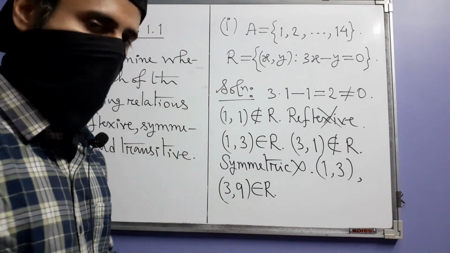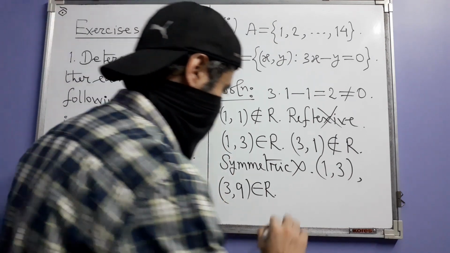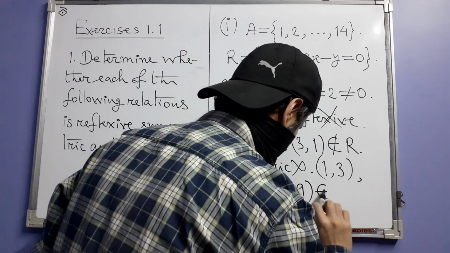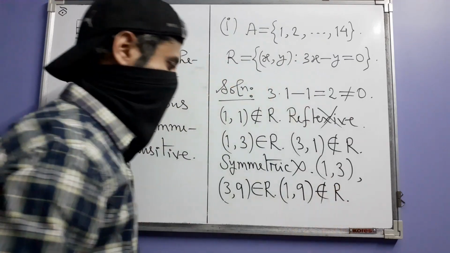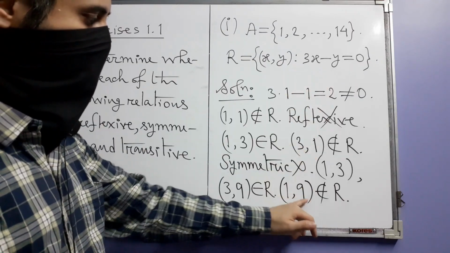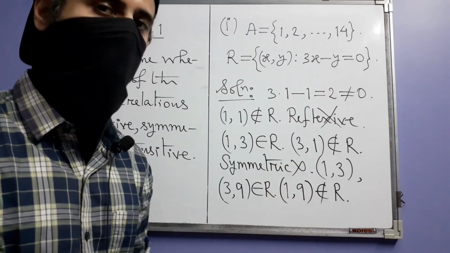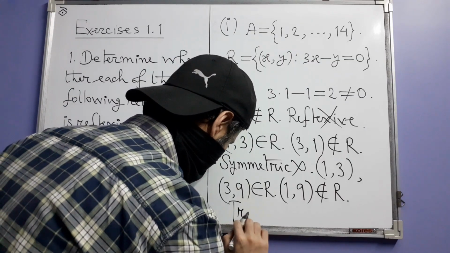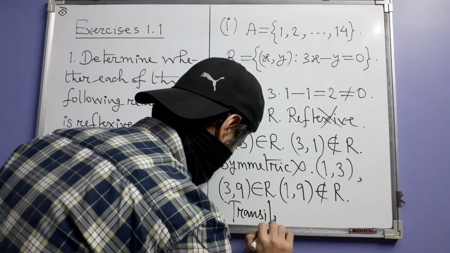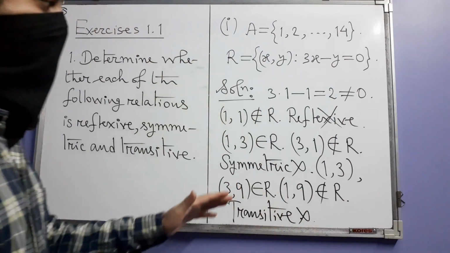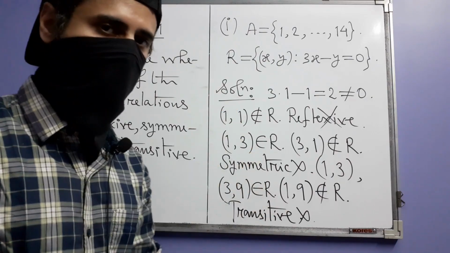So (3, 9) is in R. But what about (1, 9)? Is that in R? No. Why? Because 3 times 1 is just 3. 3 minus 9 is minus 6. It's not 0. So the relation is also not transitive. So it's neither reflexive nor symmetric nor transitive.